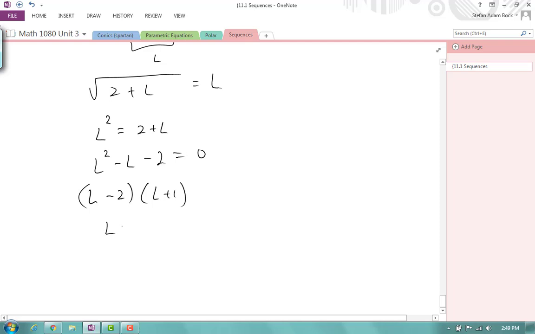So this says that L is equal to 2 or L is equal to minus 1. Well, L obviously can't be equal to minus 1 because that's negative. All of my terms were positive, and it was an increasing sequence, so that's just totally silly. Which means that L equal to 2 must be my appropriate limit.